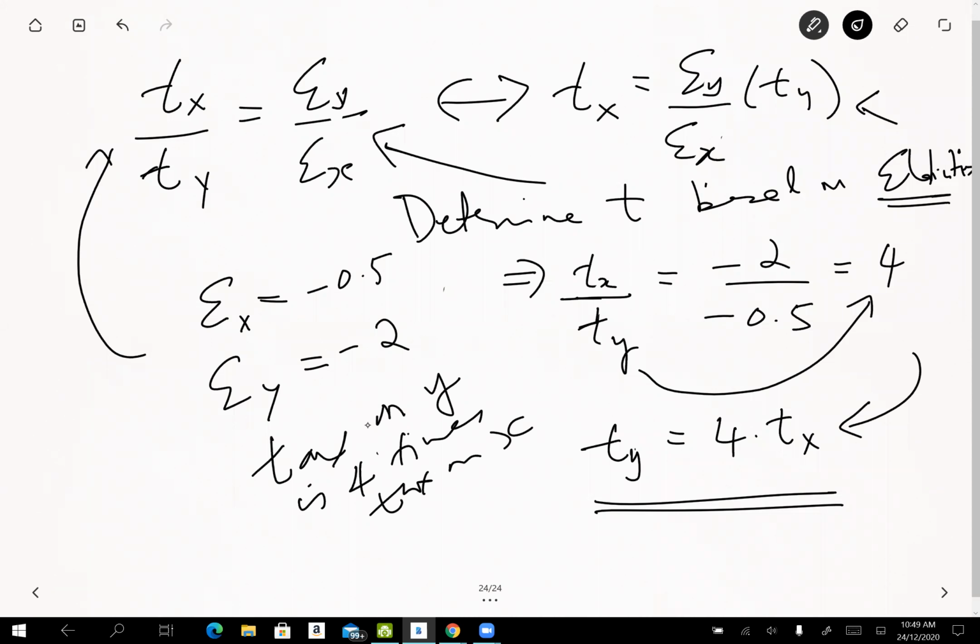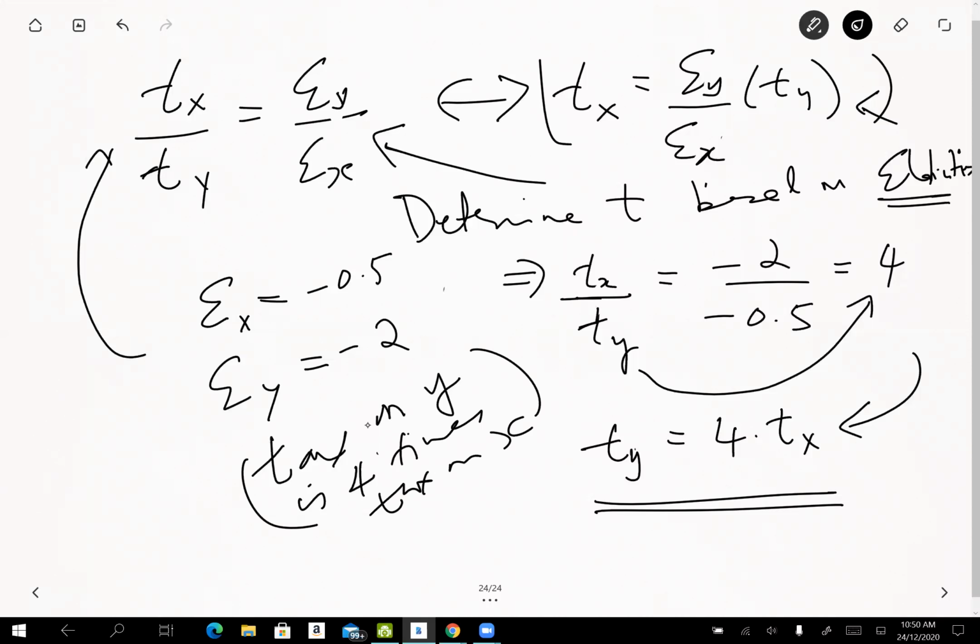It's reversed again. It's Tx over Ty. I made a mistake twice. When you have the conclusion, you relate back to the elasticities. X is more inelastic, is that right? Then by the intuition we learned earlier, the tax on X should be higher. So when you see here that the tax on Y is higher, that means something is wrong.